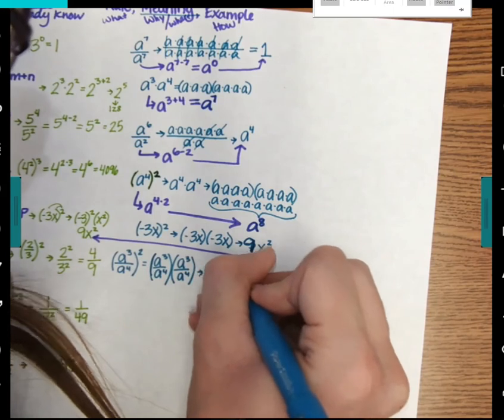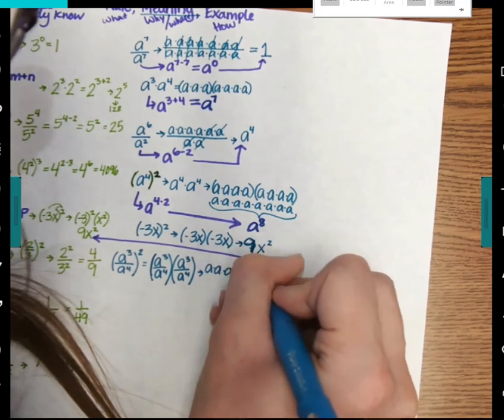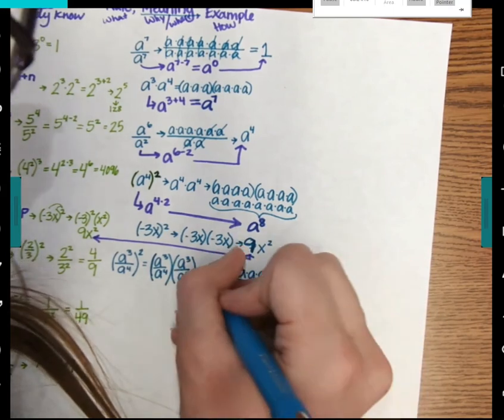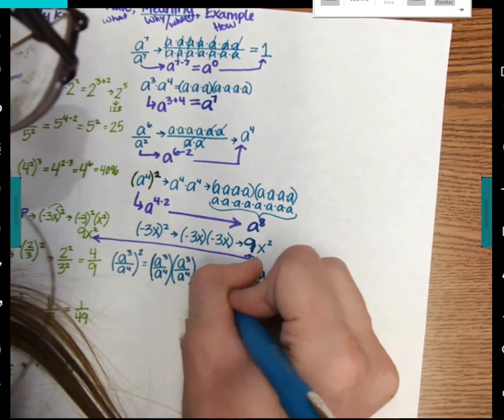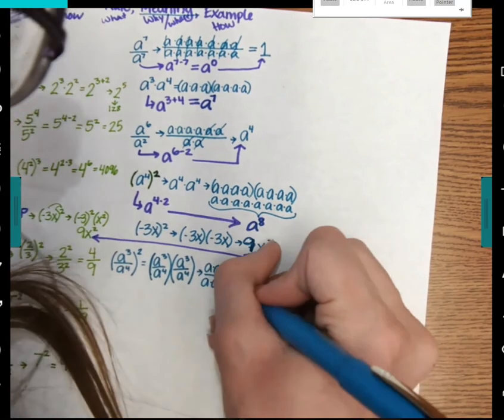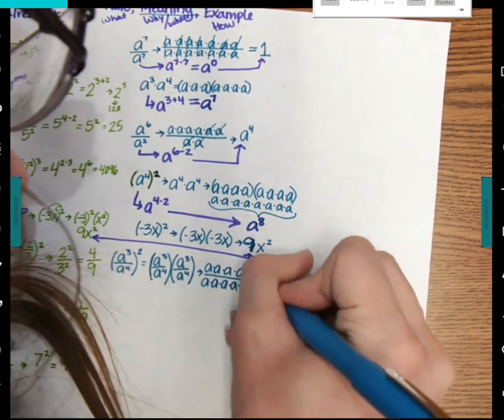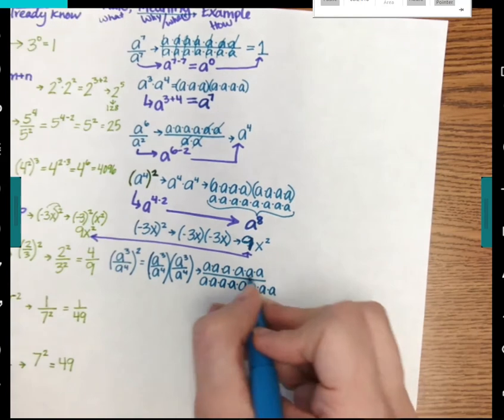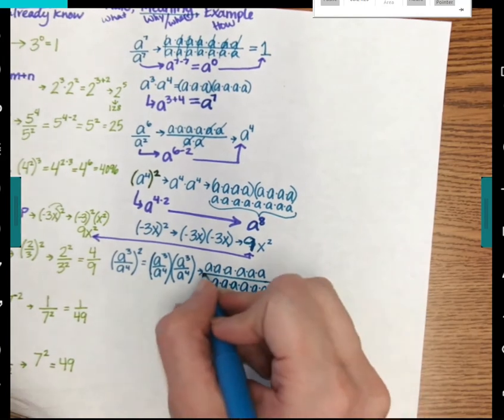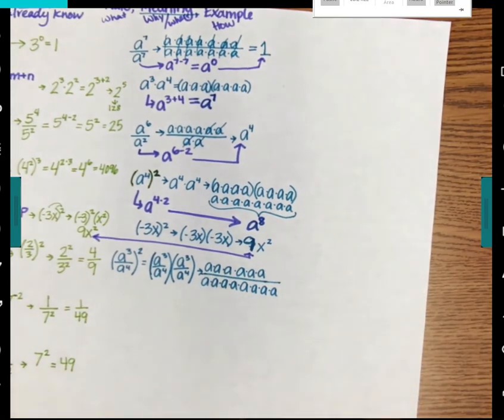And once again, back to the definition of exponents. 2, 3, 4 for that one. 1, 2, 3, 4 for that one. I need to make my fraction bar longer so everything is contained.